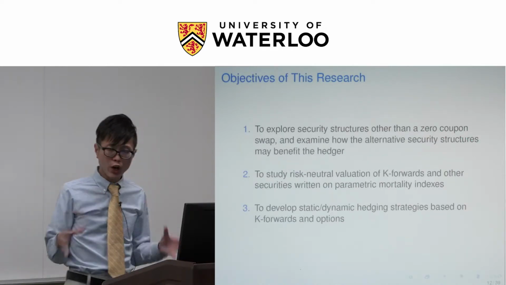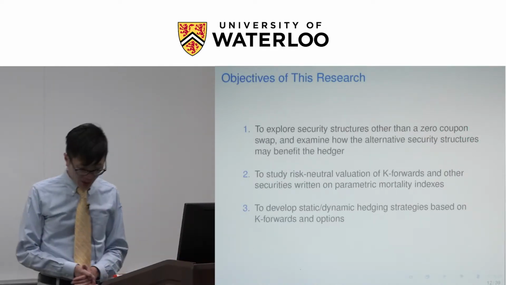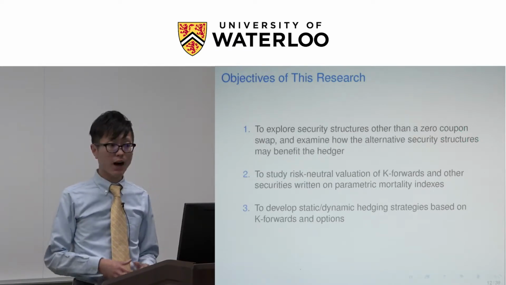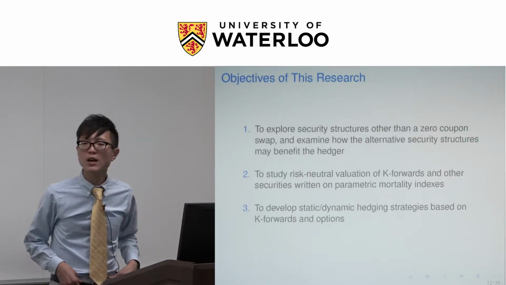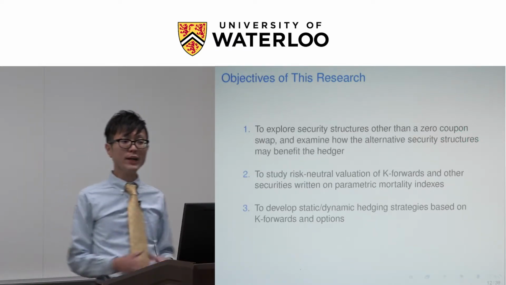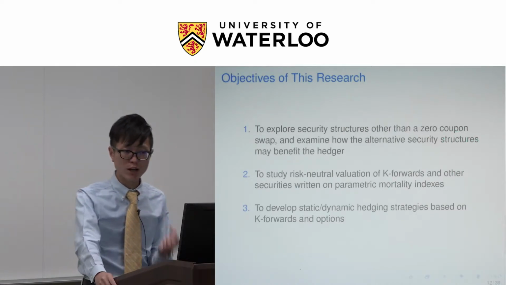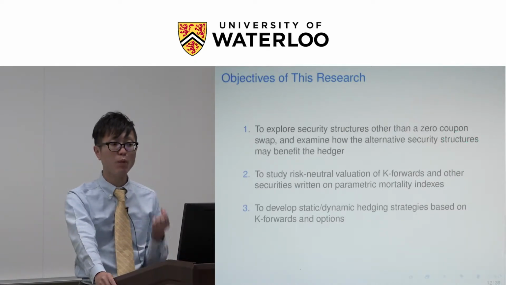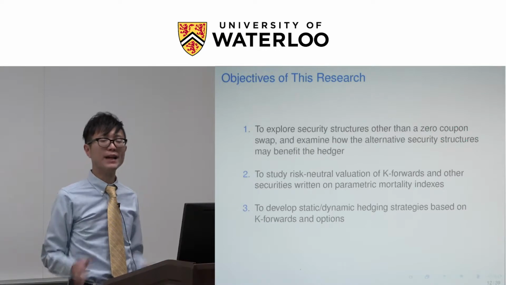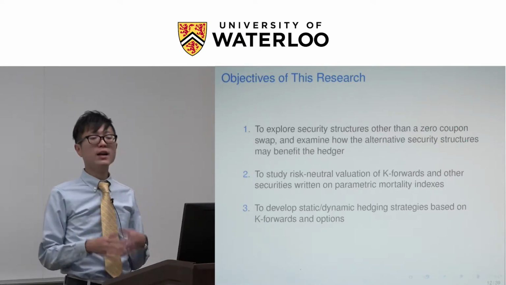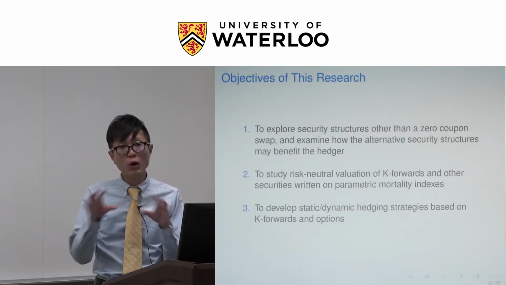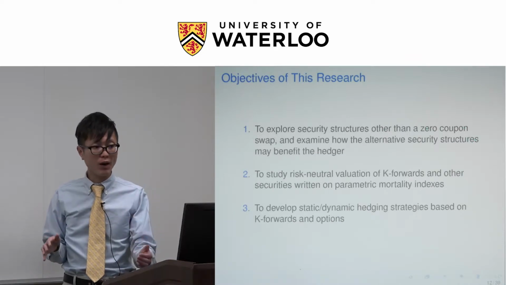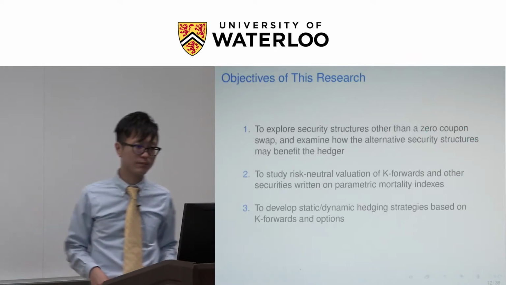So, what's new in today's presentation? I'm going to do three things. Number one, I'm going to explore security structures other than a zero coupon swap and examine how alternative security structures, which will feature option-like payoffs, may benefit the hedger.